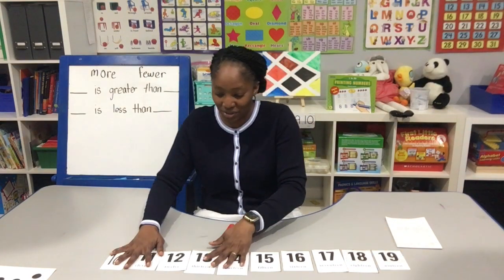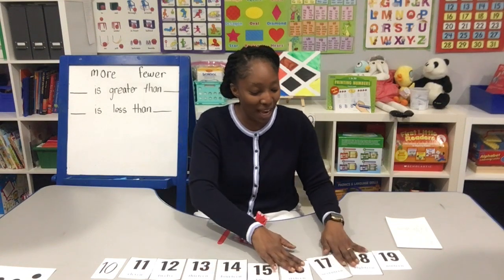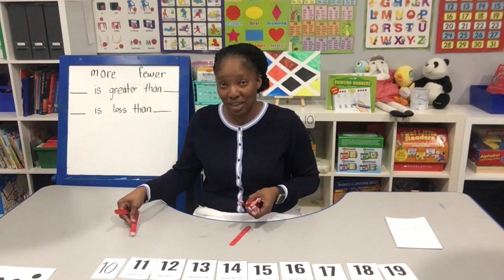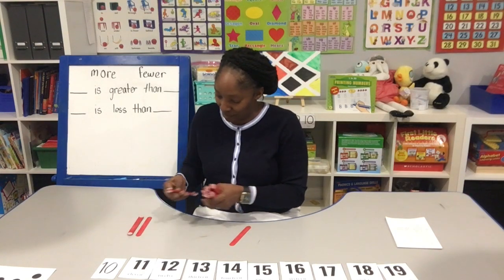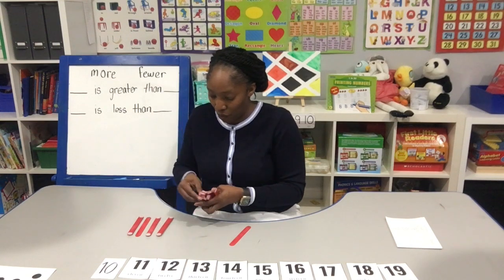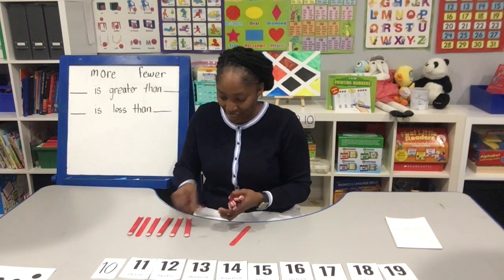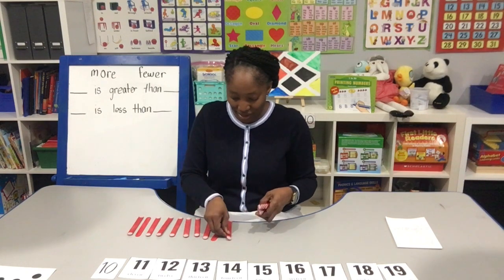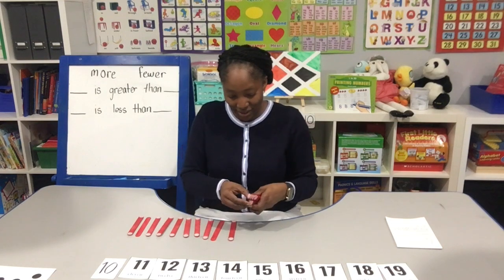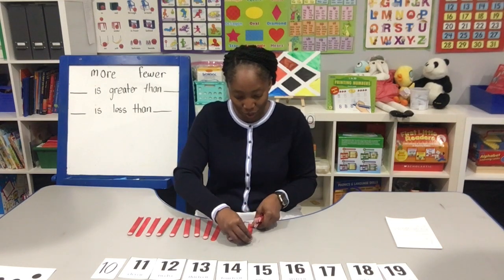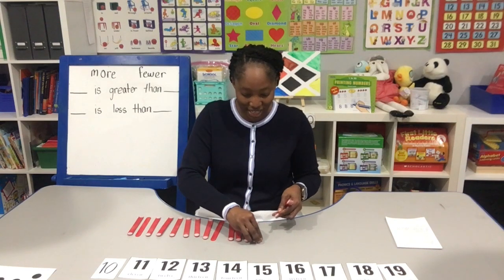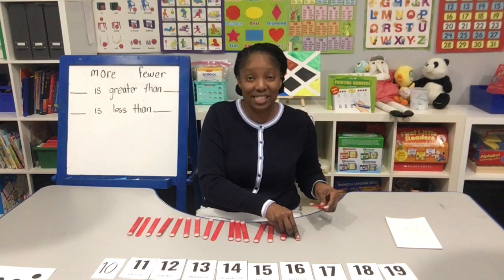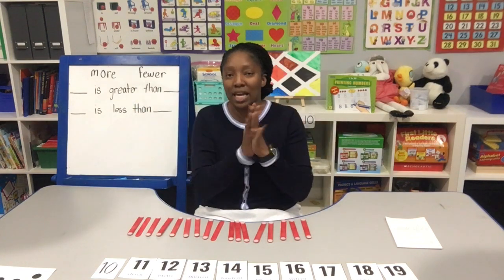Okay, I'm going to move my numbers. I have some red popsicle sticks. Count with me. 1, 2, 3, 4, 5, 6, 7, 8, 9, 10, 11, 12, 13, 14, 15, 16, 17.